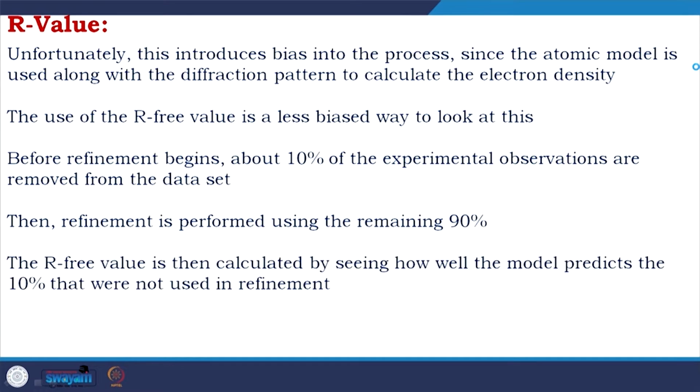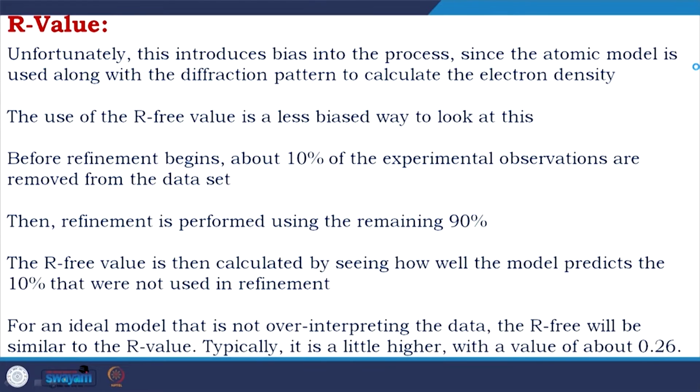The R free value is then calculated by seeing how well the model predicts the 10% that were not used in the refinement. For an ideal model that is not over interpreting the data, the R free will be similar to R value. Typically, it is a little higher. So, if you say 0.2 is the range of R work, 0.26 is the range of R free.